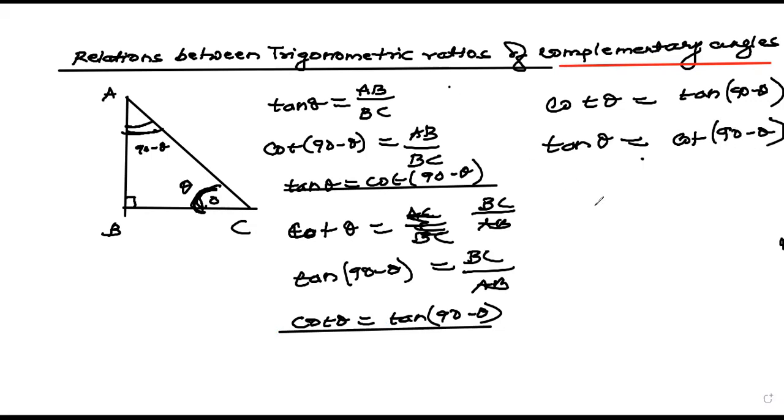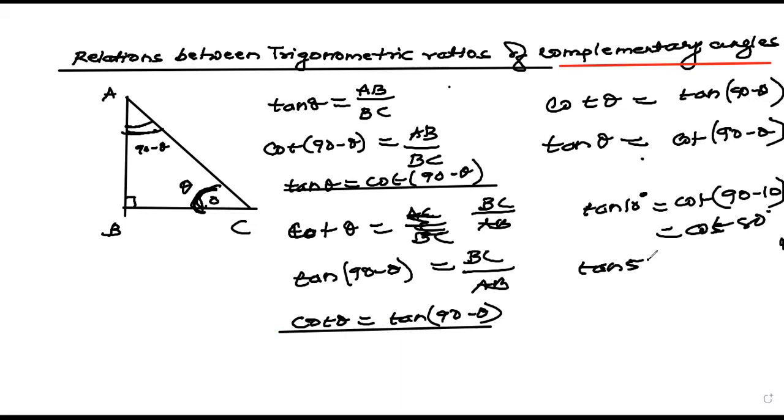Got it? Now in the same way, suppose tan of 10 degrees, it will become equal to cot of 90 minus 10. How much is it, son? Cot of 80 degrees. Tan of 50 degrees will be equal to cot of 90 minus 50, 40 degrees. Likewise, cot changes to tan.